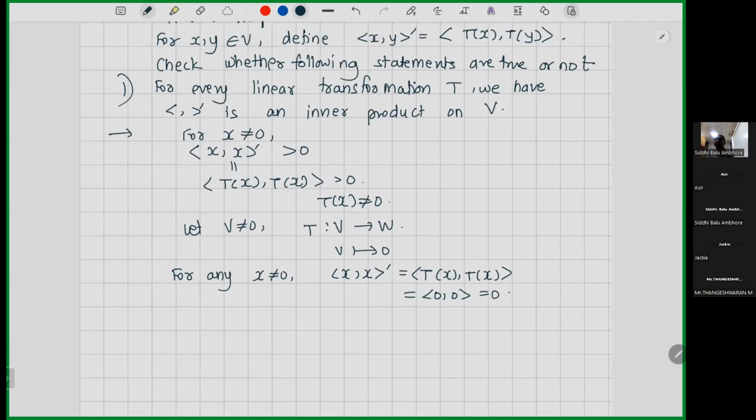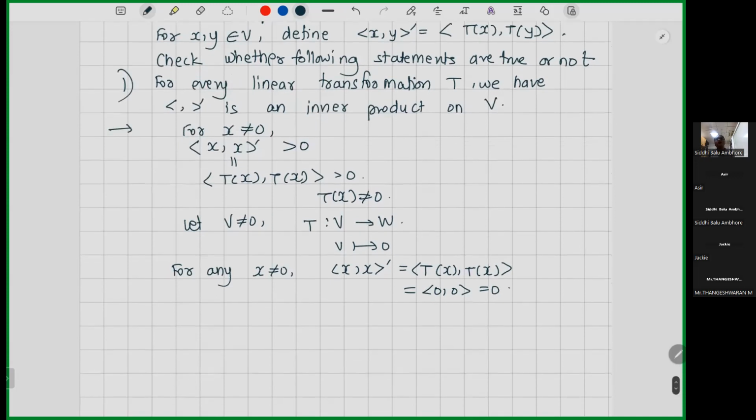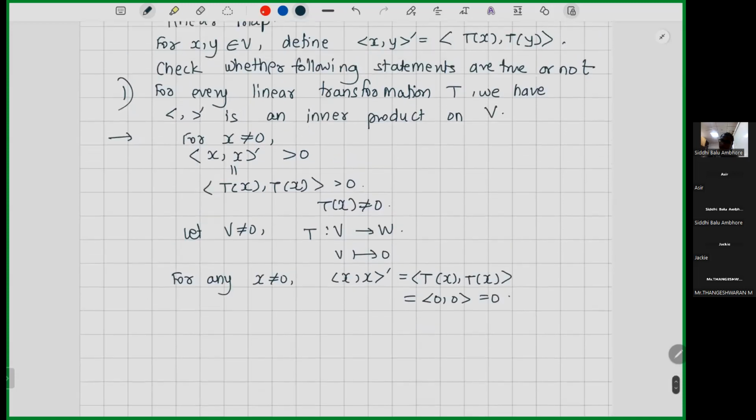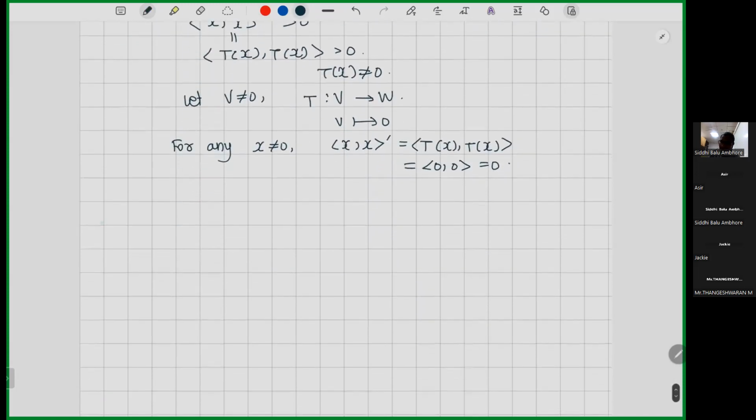The zero transformation is a linear transformation which does not have this property. Is it okay? Yeah. So this does not hold for any given T. Linearity is satisfied, but positivity would create a problem because a non-zero element can give us 0 as an inner product. Okay, so this statement is not true.